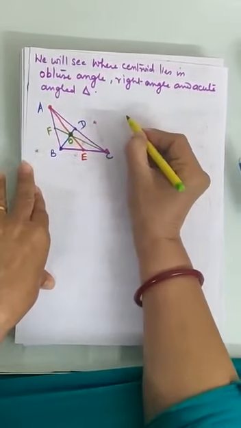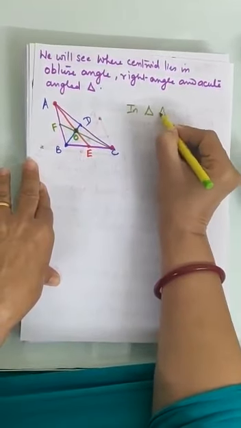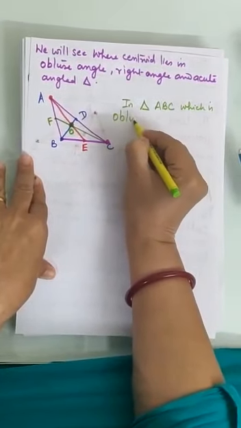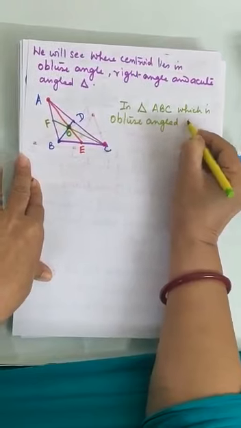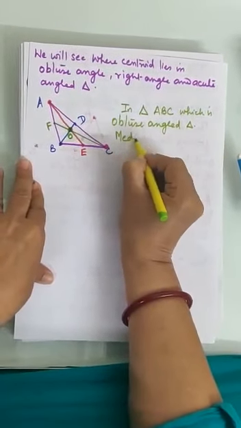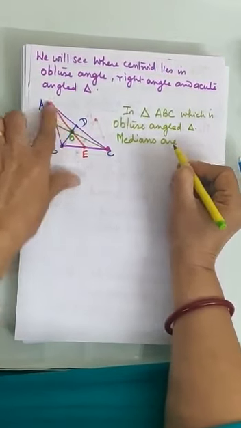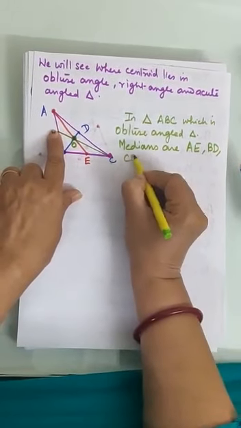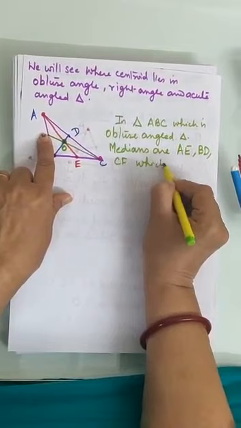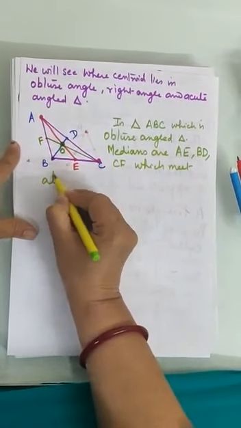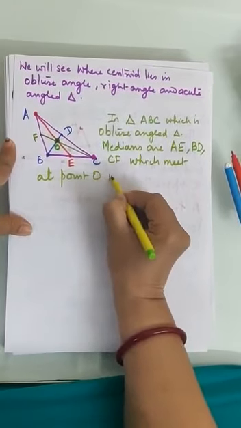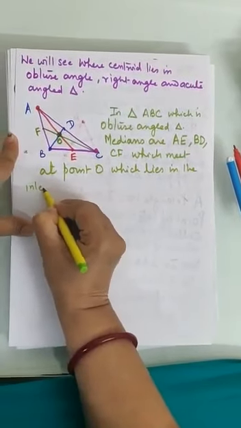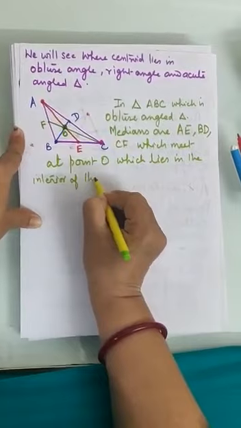So in triangle ABC, which is an obtuse angled triangle, medians are AE, BD, CF, which meet at point O, which lies in the interior of the triangle.